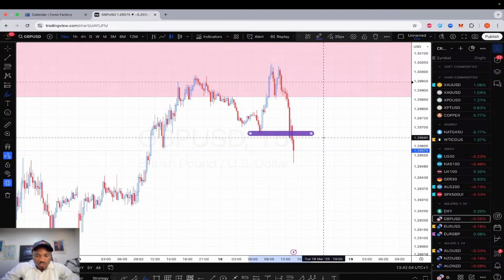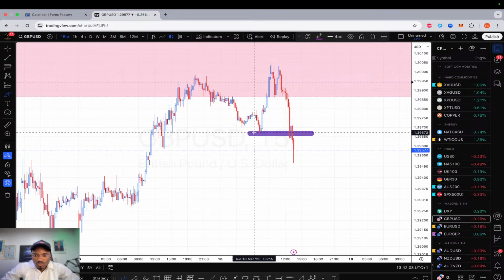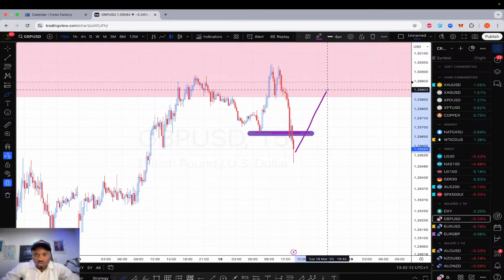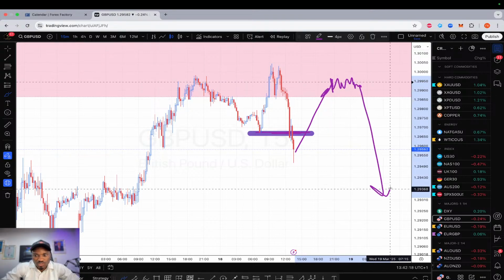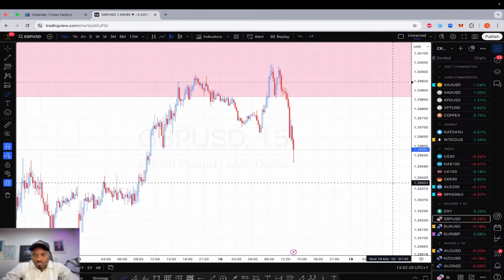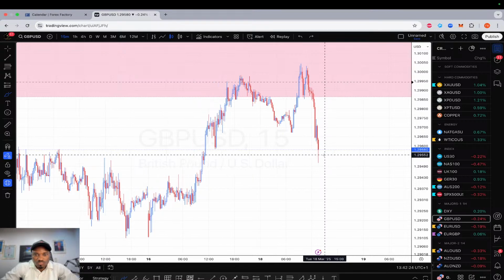If we can see a strong bearish close out of this level, then we still need to see a strong pushback and a sharp rejection at the zones before we start looking out for possible push to the downside. So that is my way of approach on the British pound sterling.